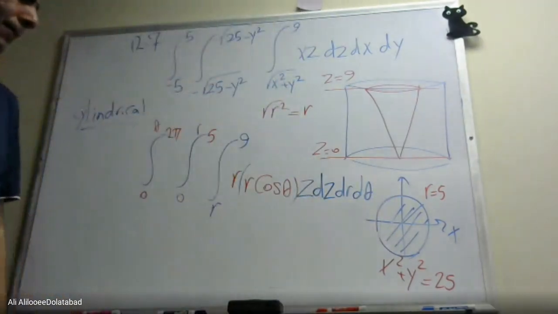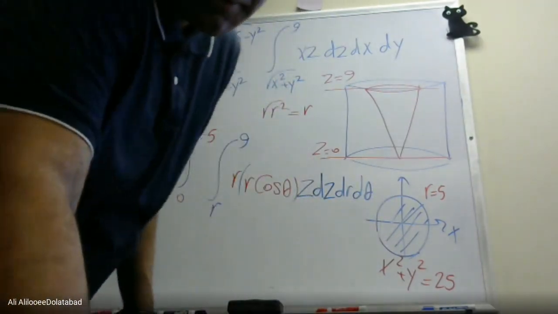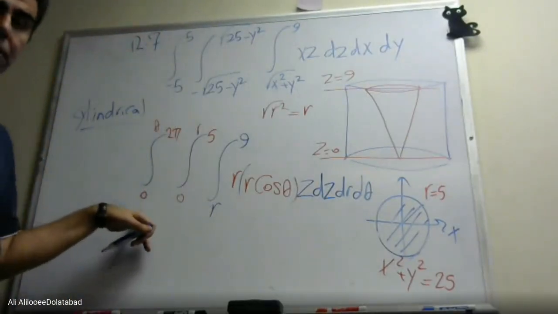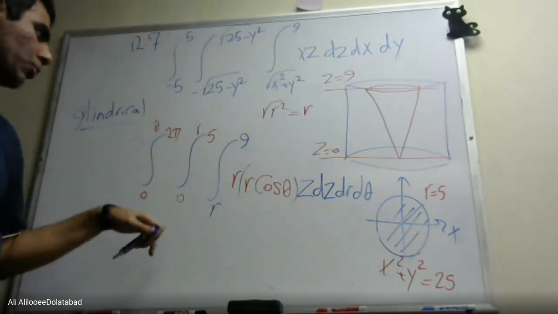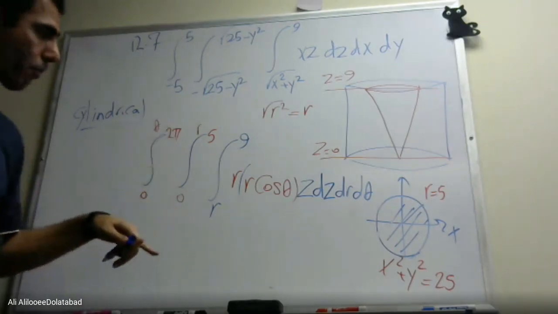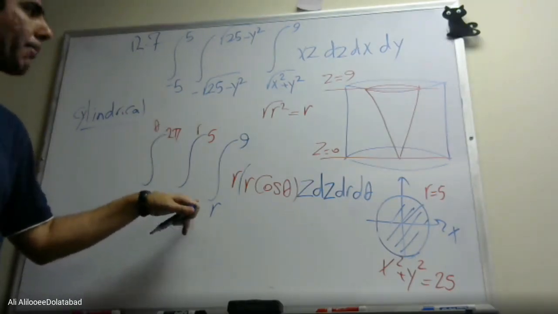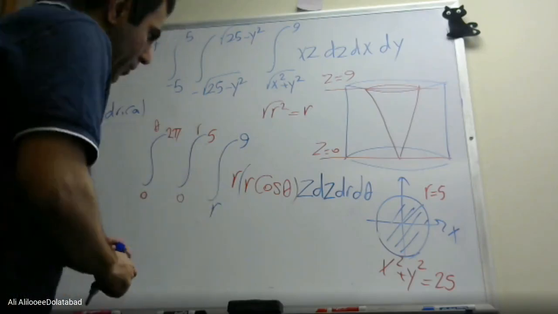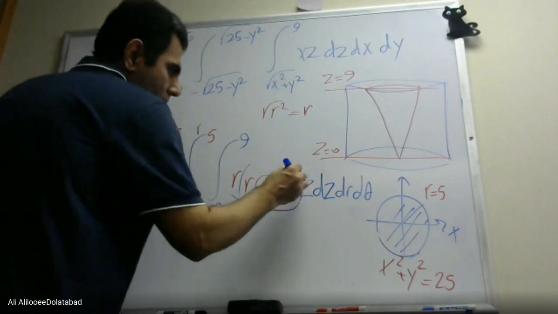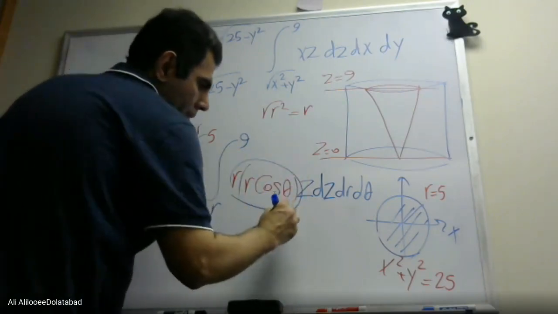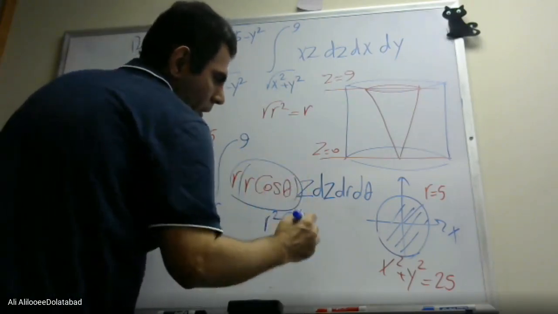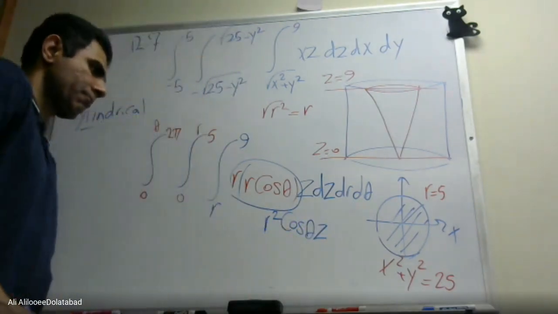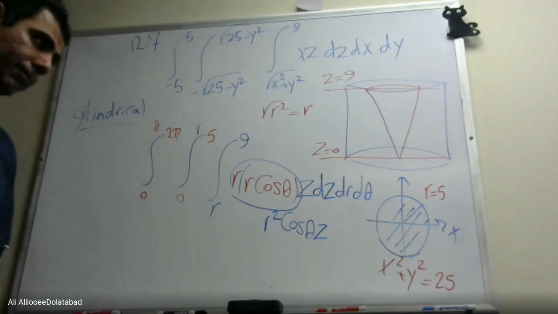The integral for theta has bounds 0 to 2 pi, the integral for r has bounds 0 to 5, and the integral for z has bounds r and 9. So r times r is r squared, then the integrand is r squared cos theta times z.